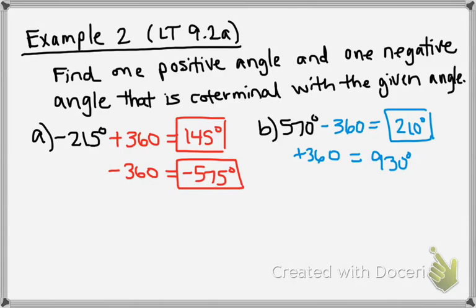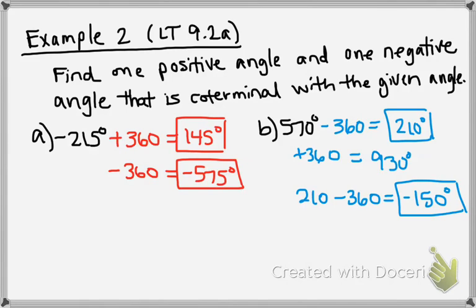So what I need to do is go off of my first positive answer that I found, the 210, and if I subtract another 360 off of that, that'll give me another coterminal answer, which in this case does give us a negative answer, and it would be negative 150. So there's my first negative answer that is coterminal.